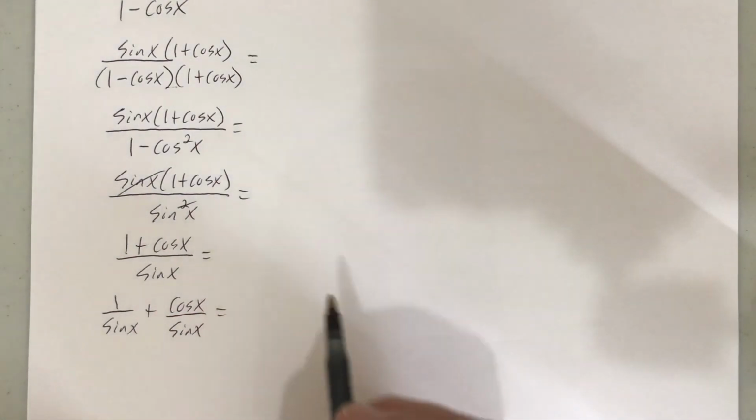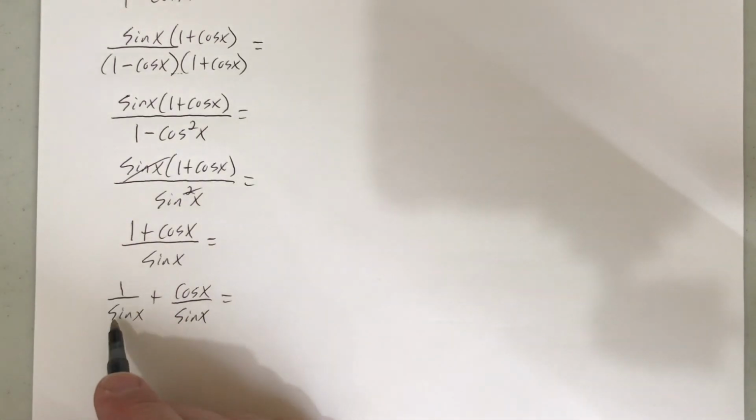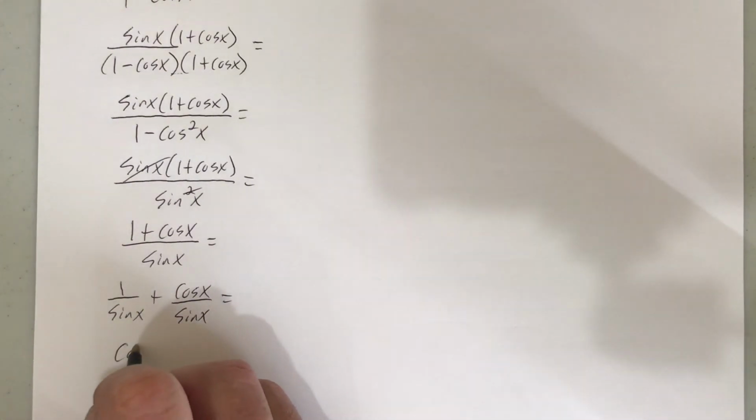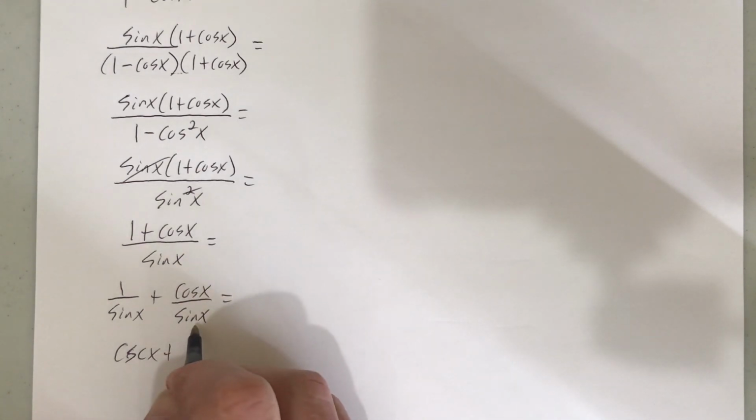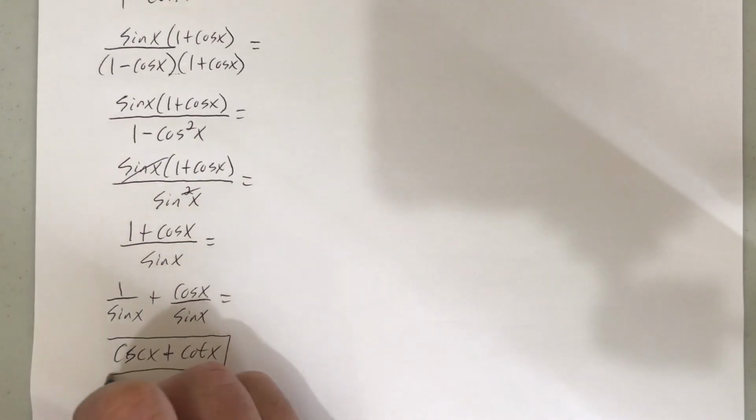And then by doing that, 1 over sine x is equal to cosecant x, and then cosine x over sine x is equal to cotangent x. And that is simplified. So I know this one was a little bit more difficult. You can tell as we're progressing that will happen.